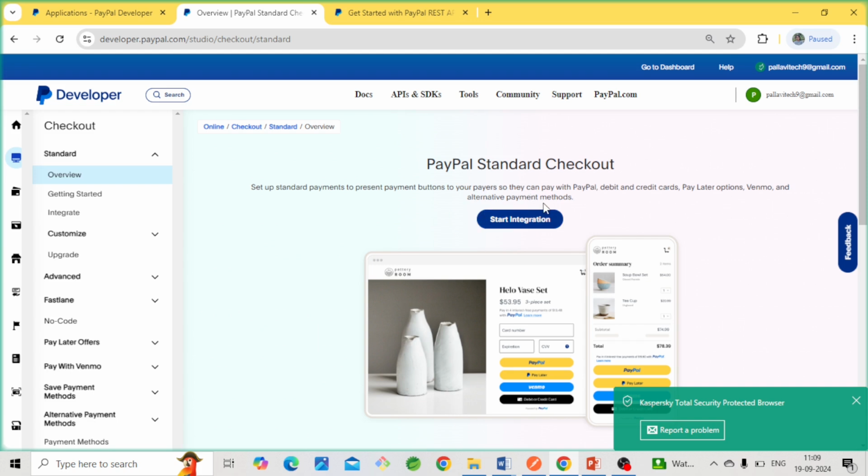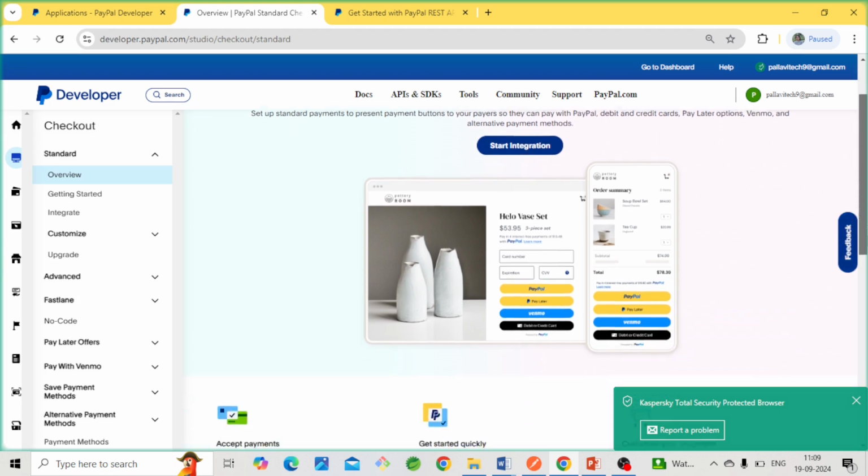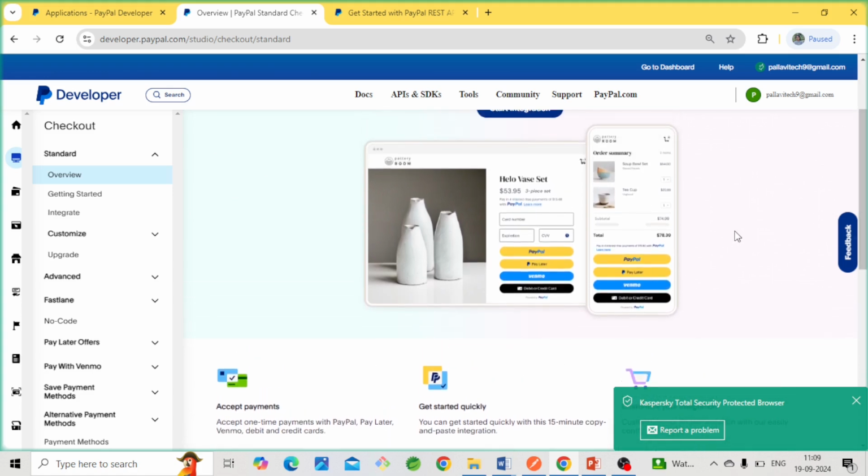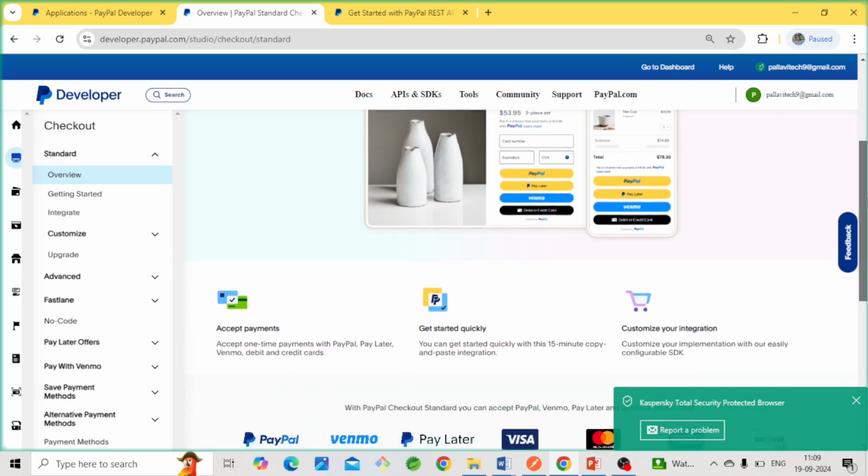APM, which we discussed, stands for alternative payment methods. Through the PayPal standard checkout, we are able to pay using debit cards, credit cards, other options, and APMs also. Whatever we discussed, this is the hosted page of the PayPal payment system.